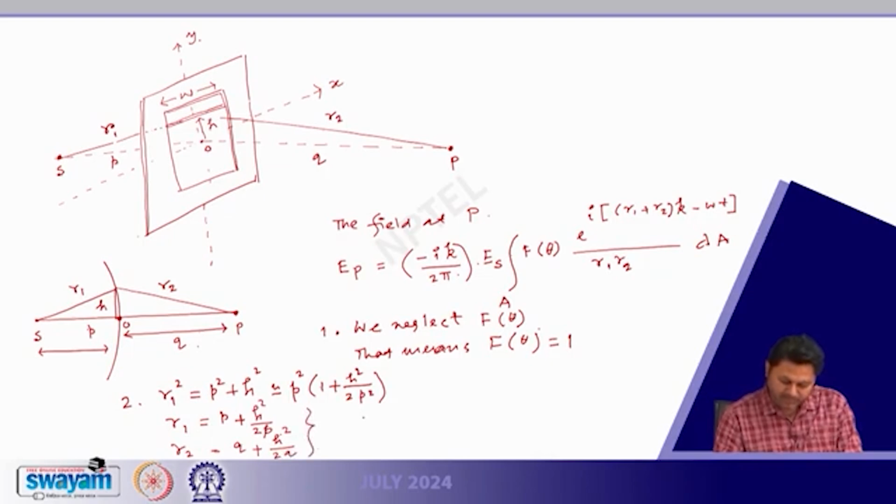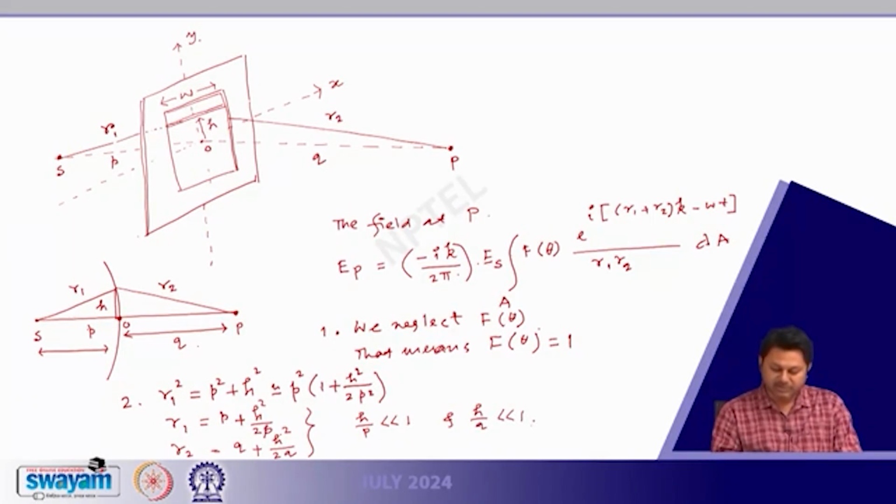So, that is the condition when h by p is very less than 1 and h by q is also having this condition. That simplification we have.